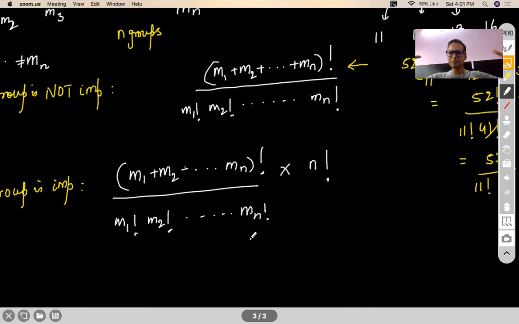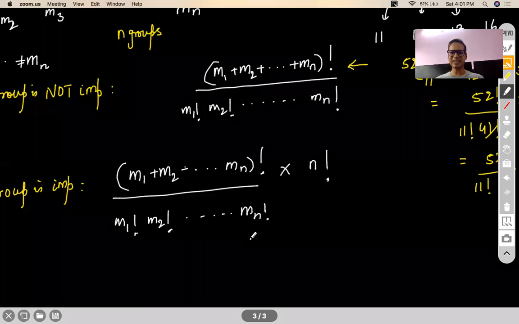Because the same 4 people can exchange the same set of cards among themselves in 24 ways, in 4 factorial ways. Same cut of bundles, same cutting, right? People who play cards call it cutting, no? The same cutting of cards, you can change hands in 24 ways, isn't it? Yes or no? So you have to multiply your answer with the total number of groups factorial.